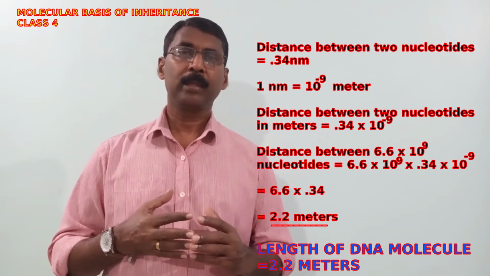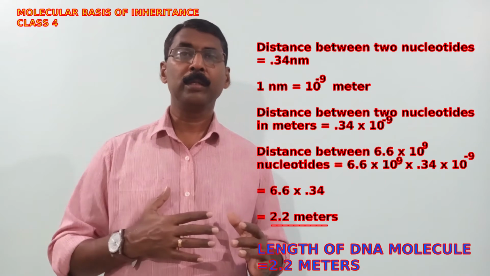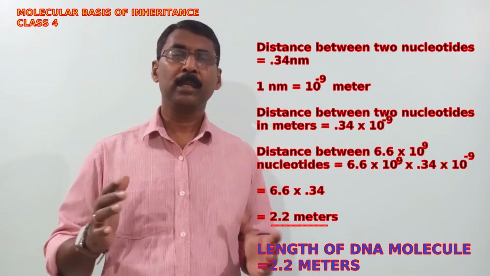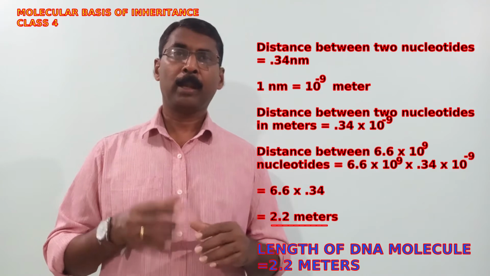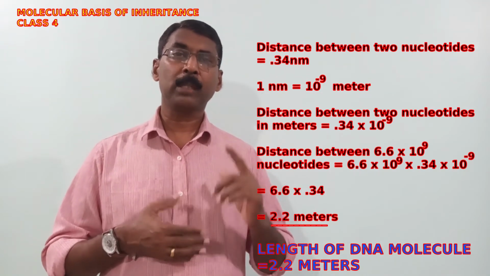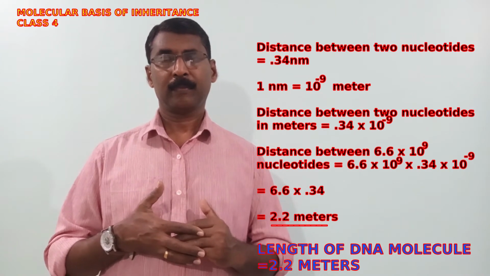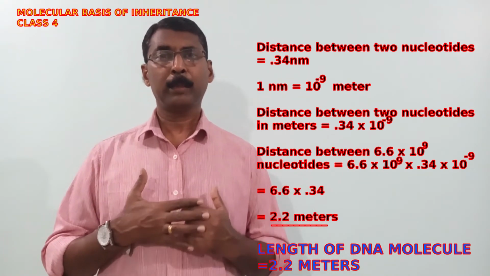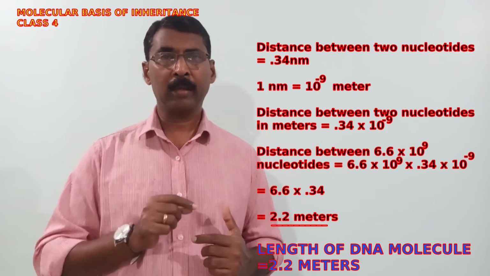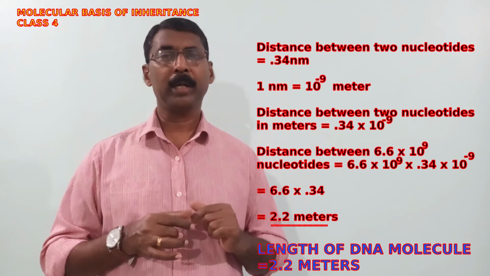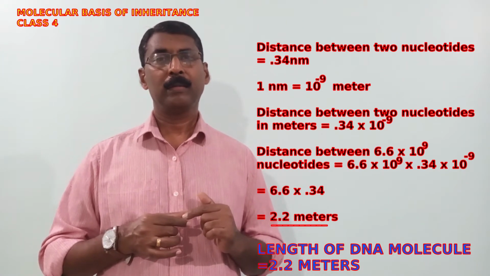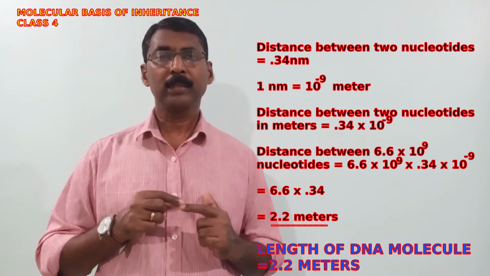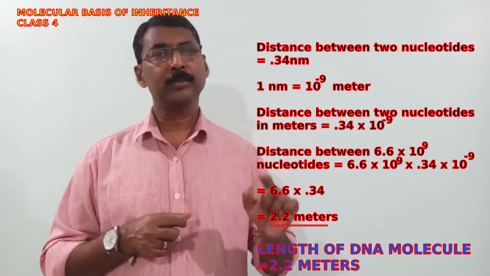When we convert the length of the DNA molecule into meters, the length of the molecule is equal to the number of nucleotides in a DNA molecule, which is 6.6 into 10 to the power of 9, multiplied by the length in meters between the two nucleotides, that is 0.34 into 10 to the power of minus 9.